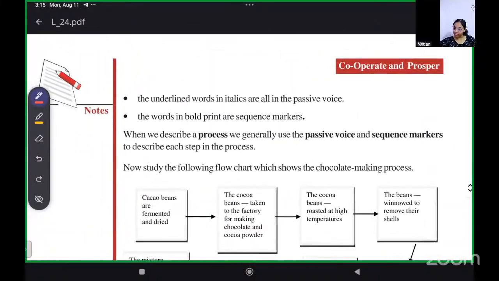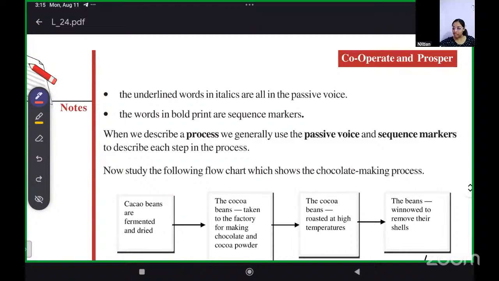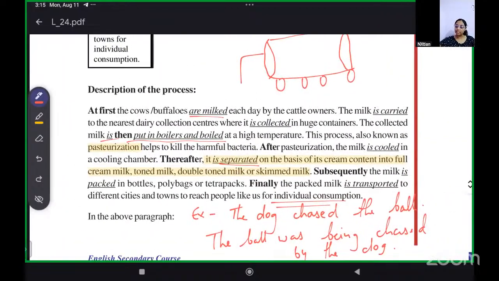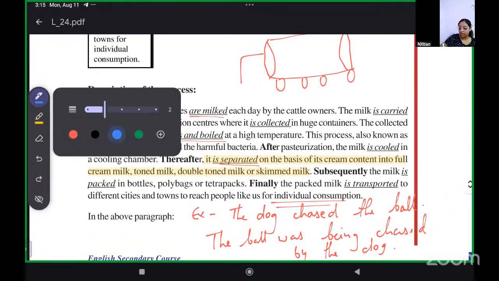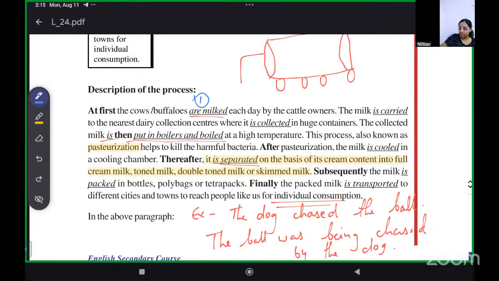Now, sequence markers to describe each step. Also, the underlined words are describing the steps. First step is milked, then collected, put in boilers, boiled, then cooled, then separated, then packed.